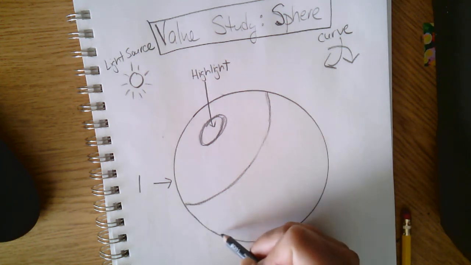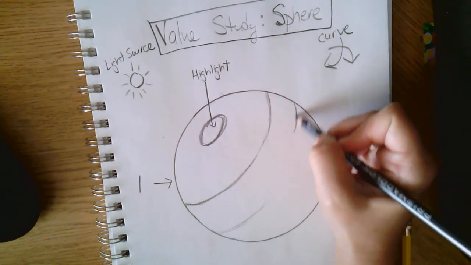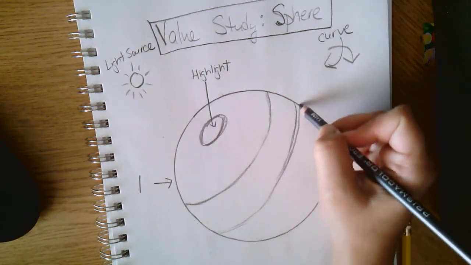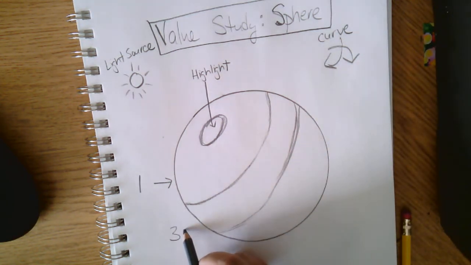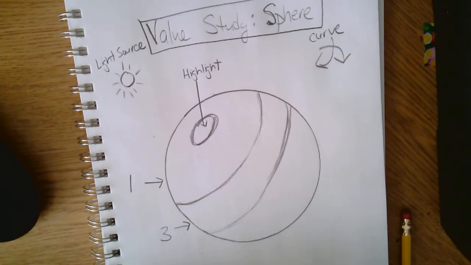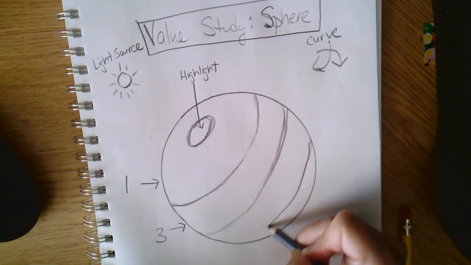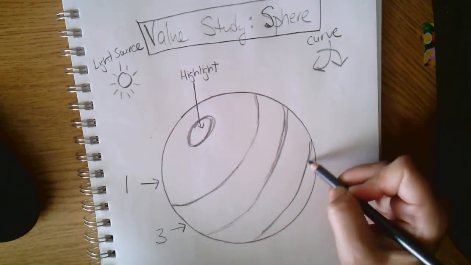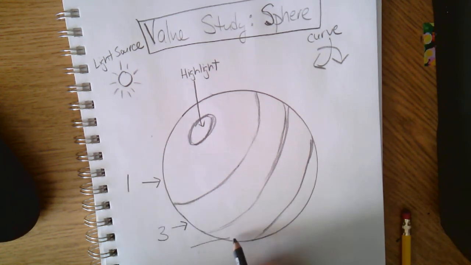And as you get better at drawing these, you may not need to draw all these lines out. This is going to be our 3 value. This guy down here is going to be our 5. That's going to be our darkest.